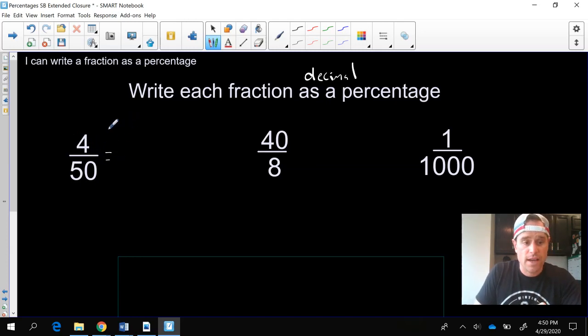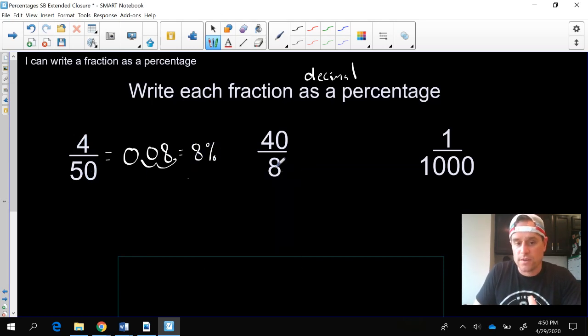And I don't mind if you use a calculator. Just take 4 divided by 50, and you should get this as a decimal, 0.08. And then from there, once you change it to a decimal, we can change it to a percentage. So 4 over 50 is equal to 8%.